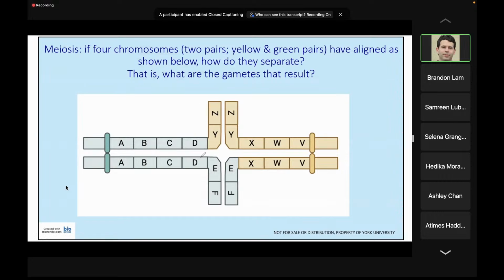Whenever the chromosomes align and exchange DNA, they've recombined. Remember I said recombination is a cut. So you have A, B, C, D. There was a cut here, and that got joined at YZ from the yellow chromosome. And then you had VWX, and rather than have YZ, you have the EF that got joined here.